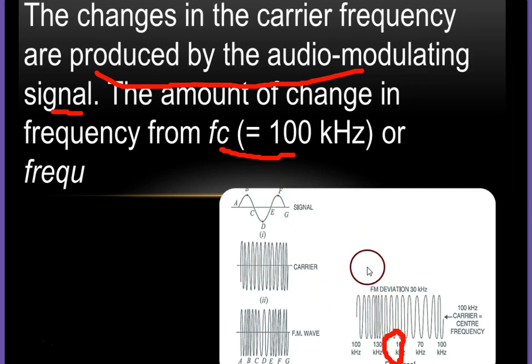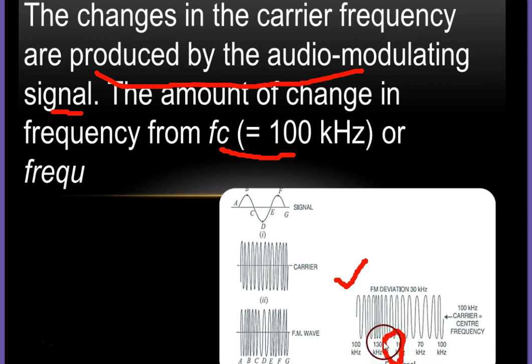Okay, if the amplitude of the sinusoidal signal increases, it will go to the plus side, 130 kilohertz. If the modulating signal, informative signal amplitude decreases, it will go to 70 kilohertz, to the lower side.